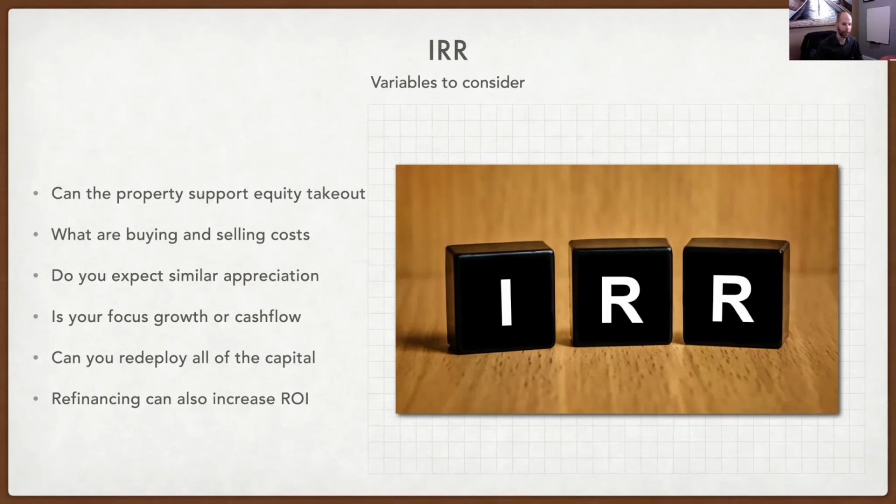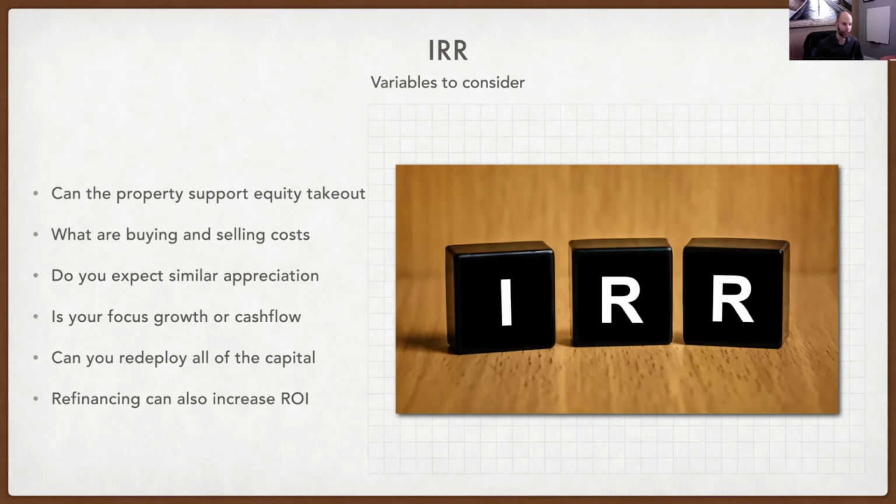So that's something that's very different than investing in stocks or bonds or anything like that. You can withdraw all of your capital, still hold 100% of the asset. So you still own an asset worth the same amount of money that's still going to appreciate the same way, that's still going to pay down the mortgage, still going to generate cash flow, and yet you've taken your investment out.